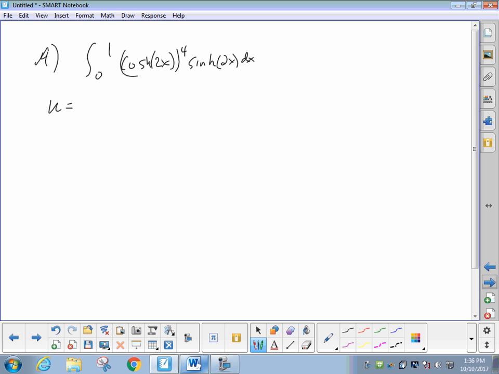So if it's clean, can you do mental u-sub? What's u here? This says 14, silly. Oh, we're doing the integral of cosh to the 4th of 2x times sinh 2x.